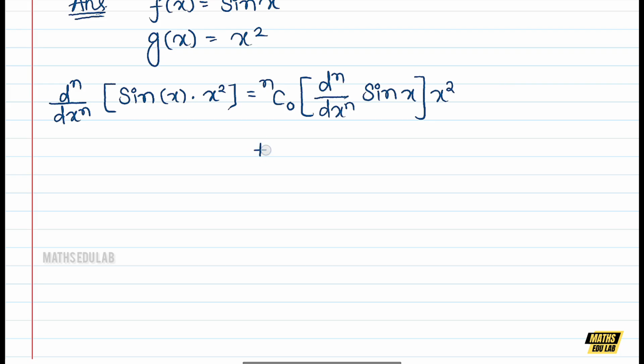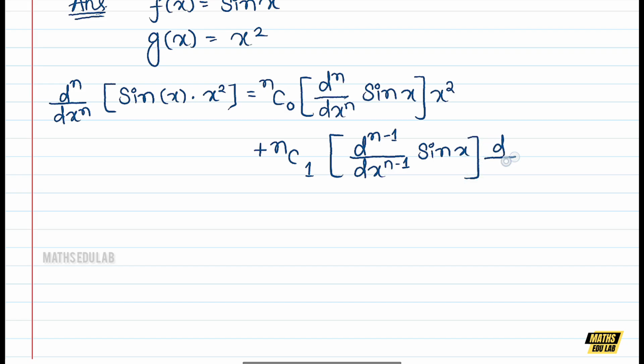Then again we have nC1. Now we decrease a step, and the derivative is d^(n-1) by dx^(n-1) of sin x, that means f of x, and d by dx of g of x. Here g of x is nothing but x square.